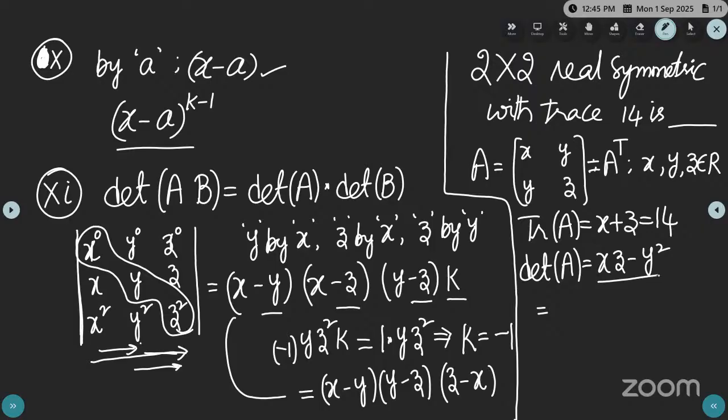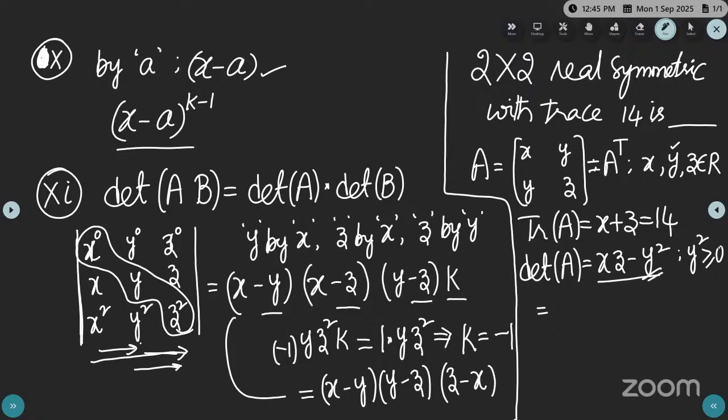In order to be maximum, whatever Y it may be, whether positive or negative, Y square is always greater than or equal to 0.